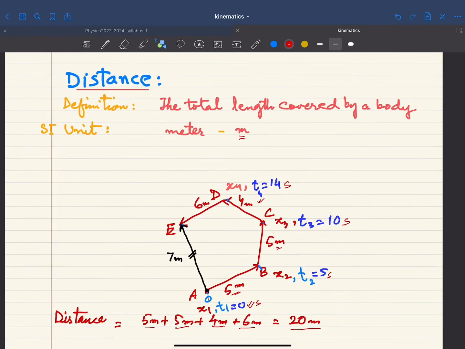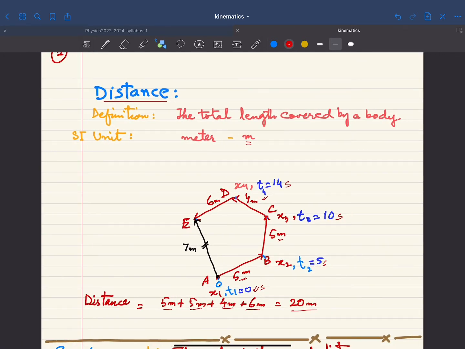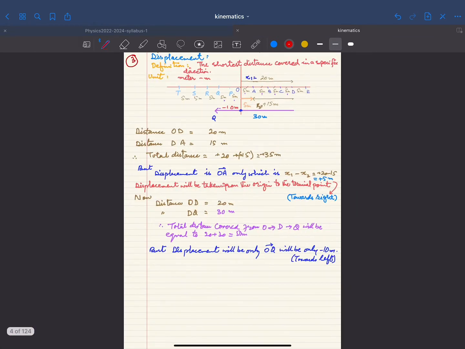Distance is a scalar quantity. Just to recall why we are doing all these things, simple addition or subtraction or whatever. This is how we do it for distance.